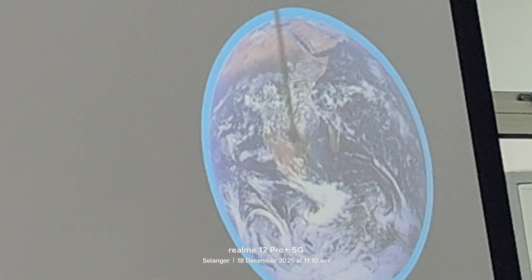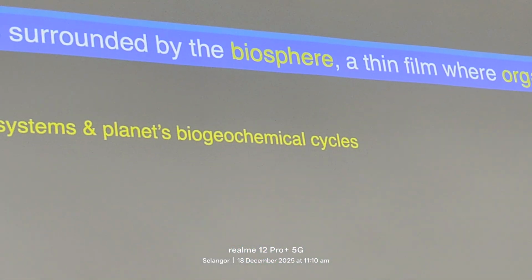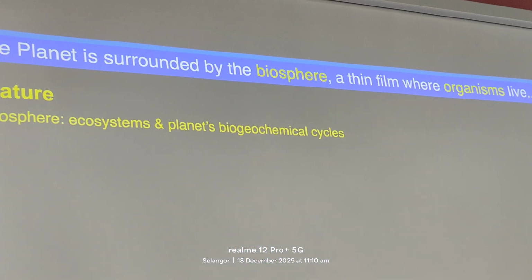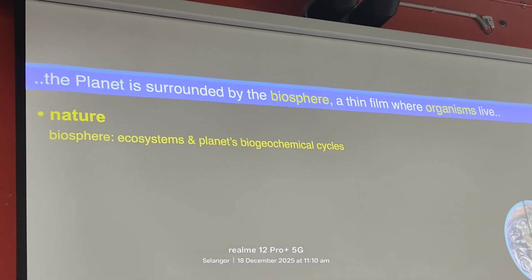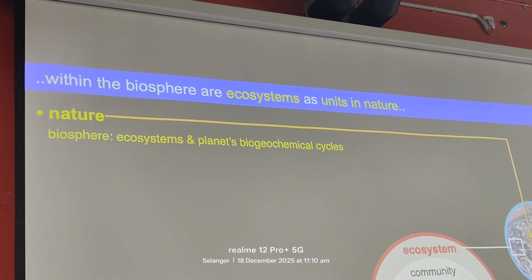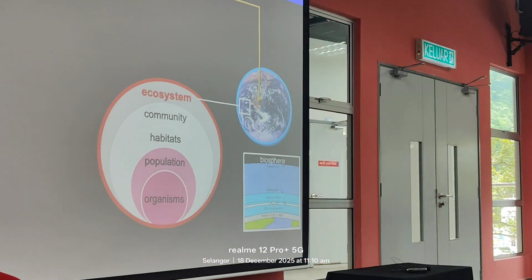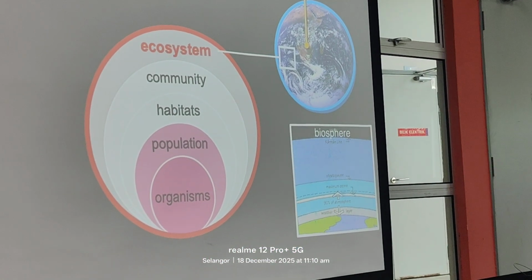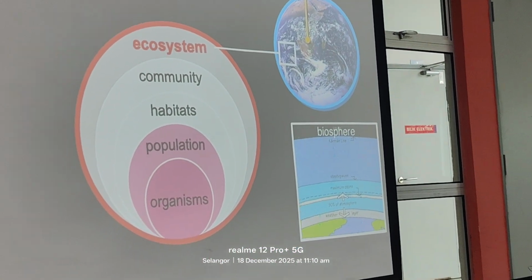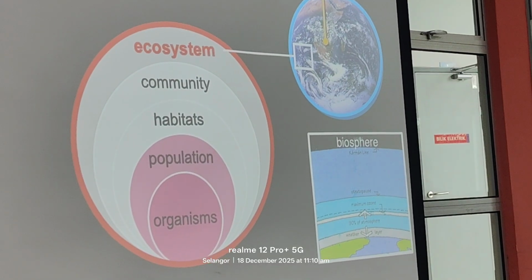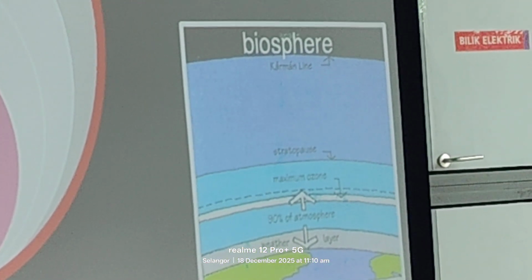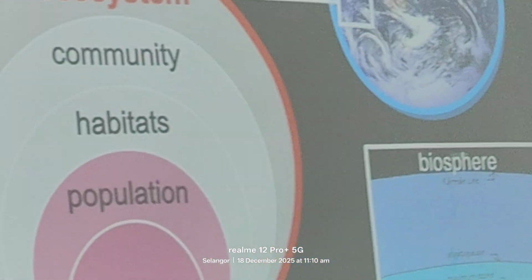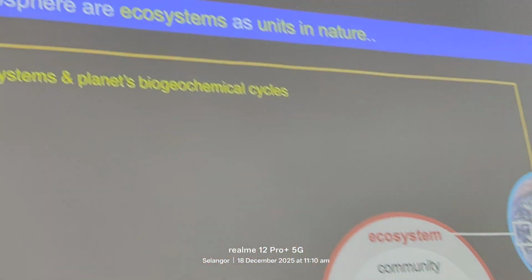Ecology sees the Earth as covered by a thin film called the biosphere, where organisms live. Within the biosphere, there are units in nature called ecosystems, which consist of communities of plants and animals, in habitats, and the population of species and organisms in the soil.